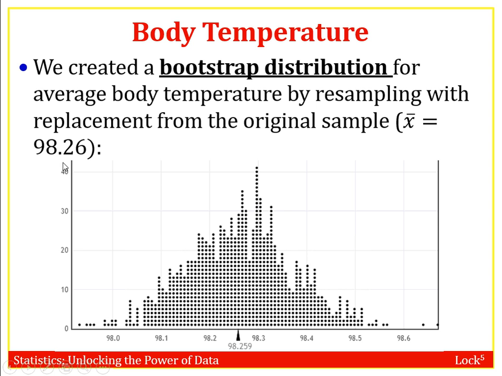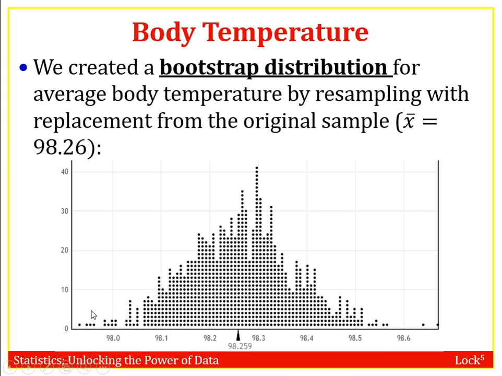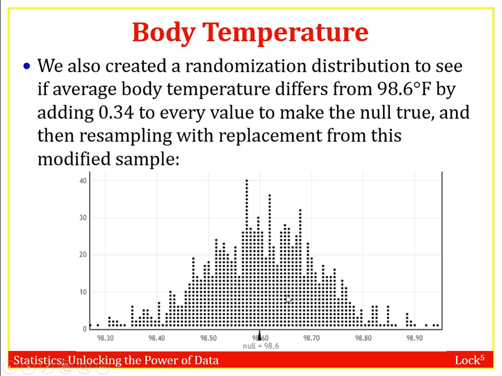We'd want it not to be centered around 98.26, but 98.6, which is 0.34 more. So we'd take our distribution back here, take all these points, and add 0.34, because that's what you have to add to get this up to 98.6, to all these points, and it moves that over to your 98.6, and it's centered around there.